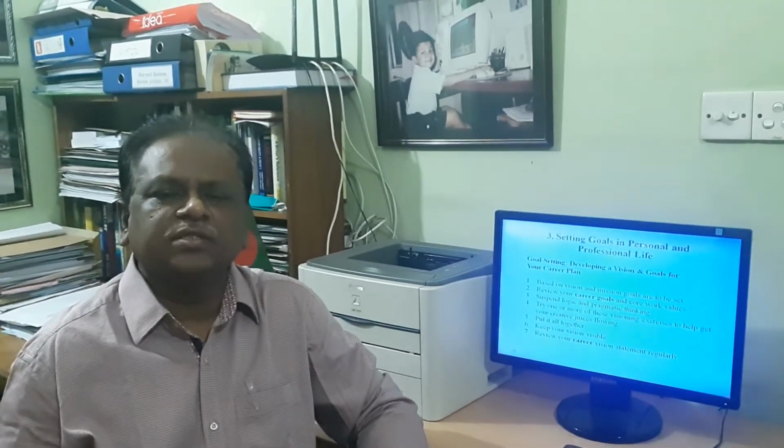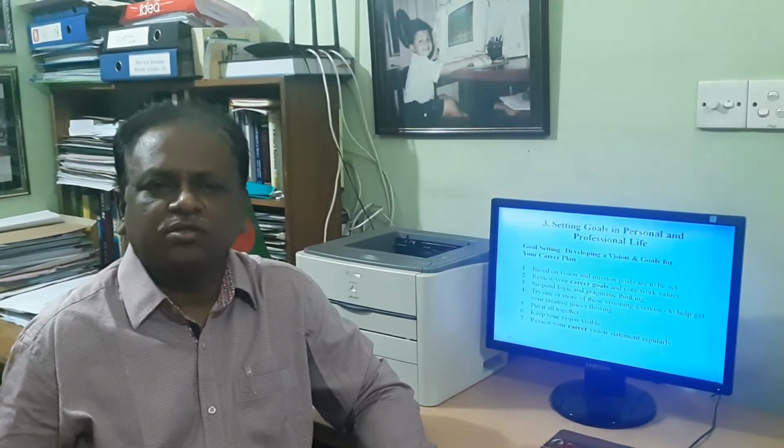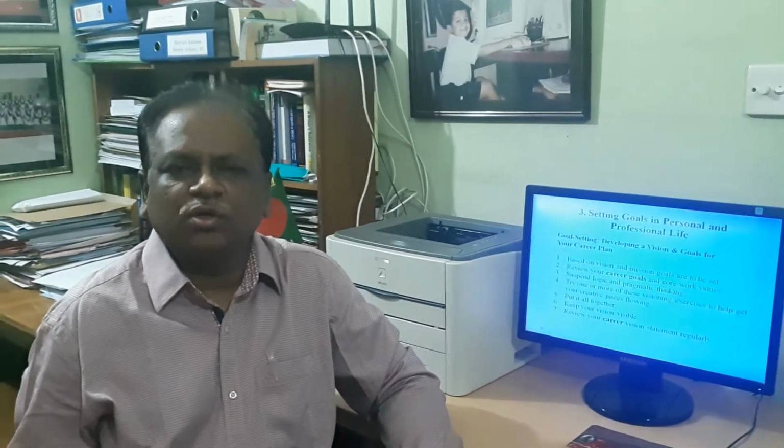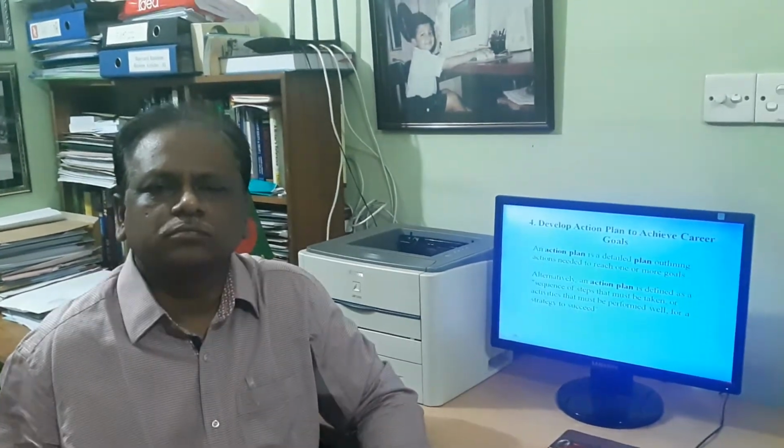Now at this stage, vision and mission are to be set clearly, and based on it, individual will have to identify his or her goals. That means what type of job or what type of organization or the industry he is willing to work. So the goal setting is very important at this stage of career development planning.